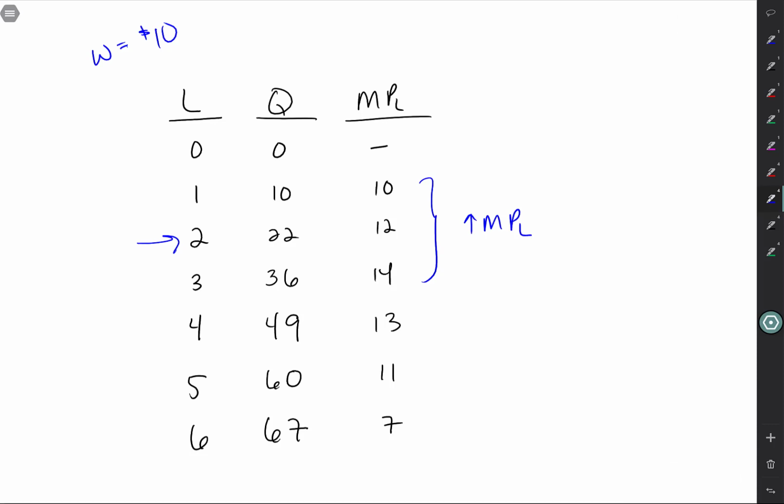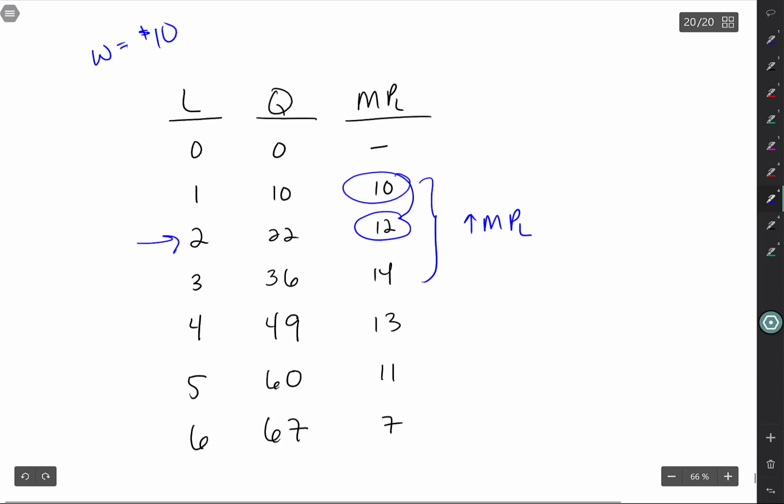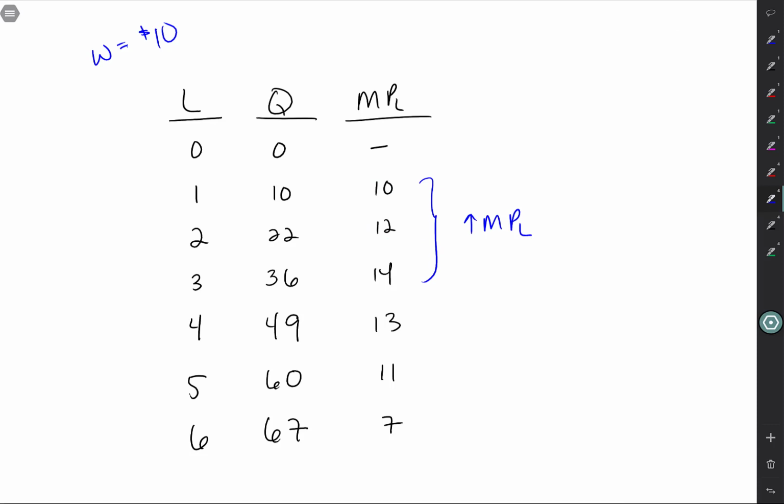So this second hour, even though it costs us $10, it's as if it were cheaper. Why? Because it gave us more output than that first worker hour. So these 12 units were technically cheaper to produce because they cost us $10 versus these 10 units cost us $10. Yes, $10 still, but $10 for 12 units versus $10 for 10 units.